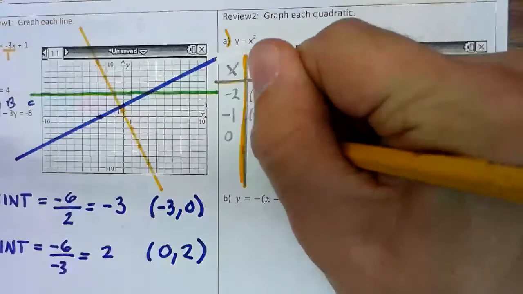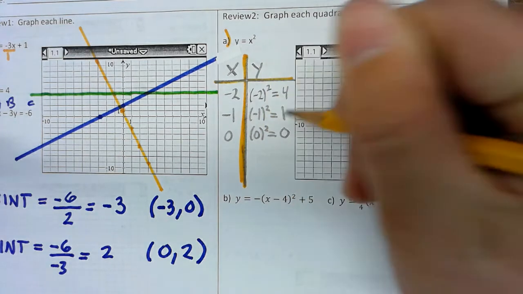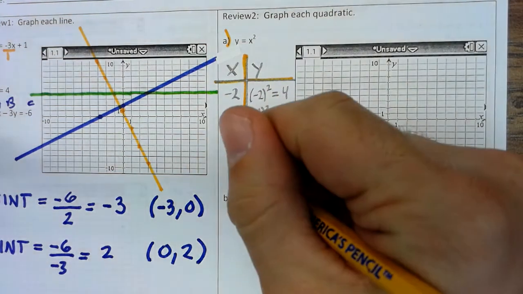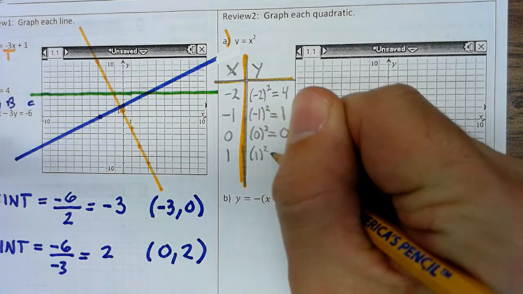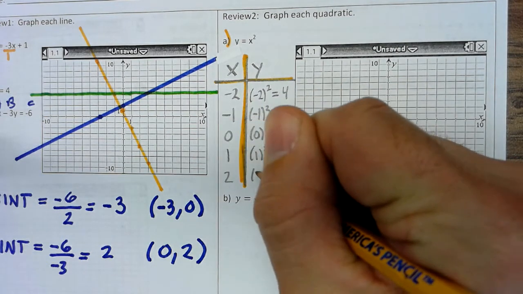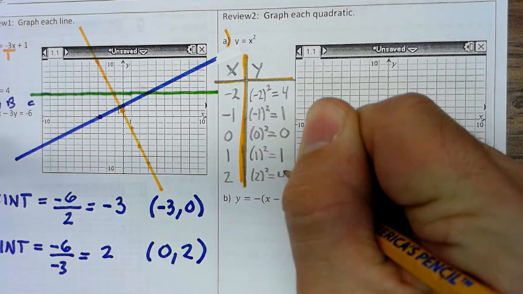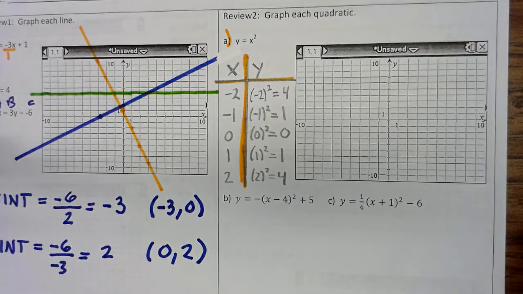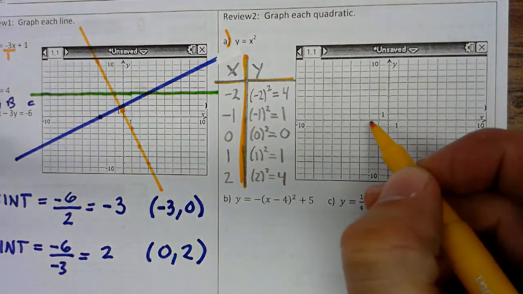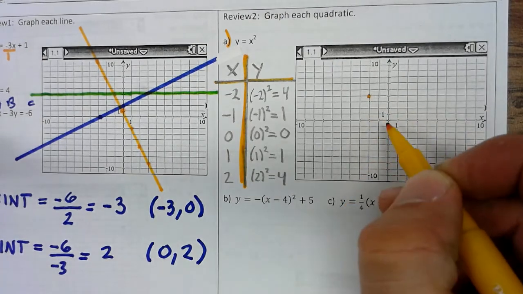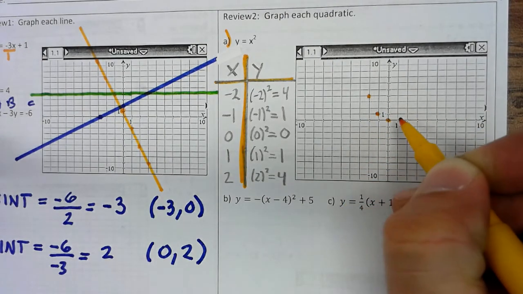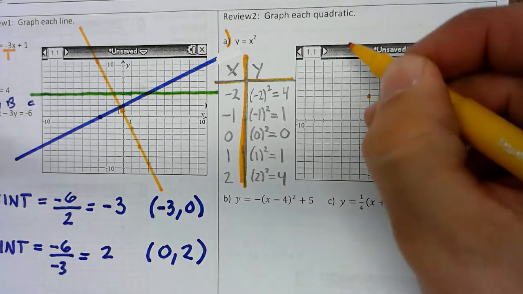When x is 0, that's 0 squared equals 0. When x is 1, that's 1 squared equals 1. When x is 2, that's 2 squared equals 4. Okay, so -2, 4, -1, 1, 0, 0, 1, 1, 2, 4.